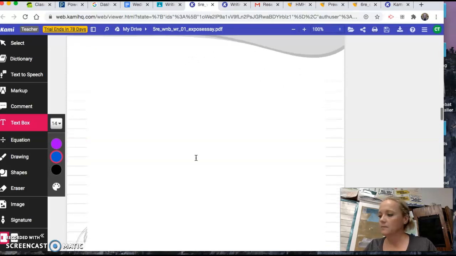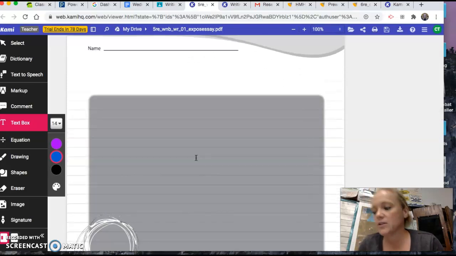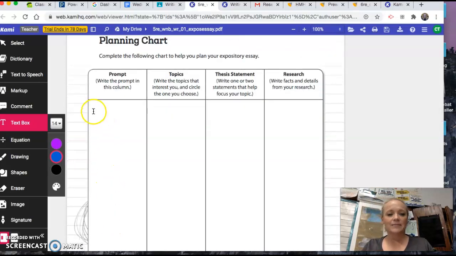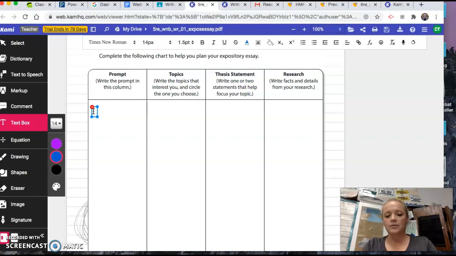And then the planning chart is the next page. And we just filled in the prompt. It's taking a long time. Here it comes. We filled in the prompt.